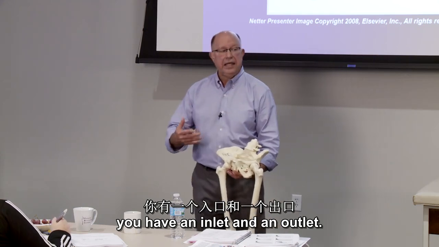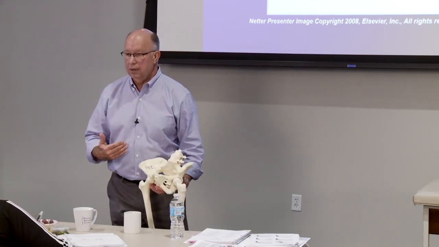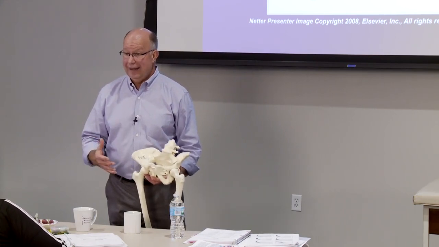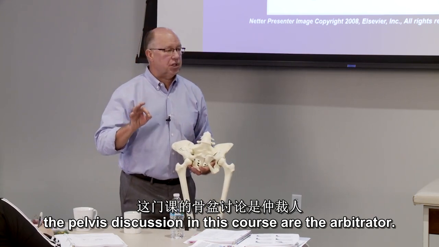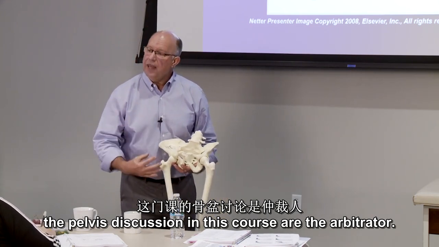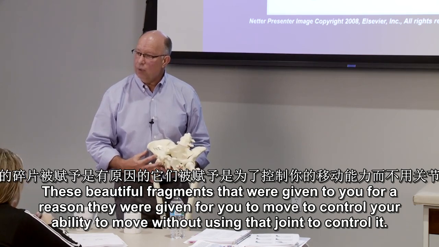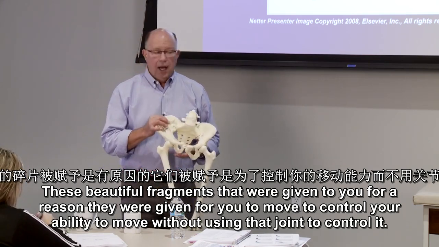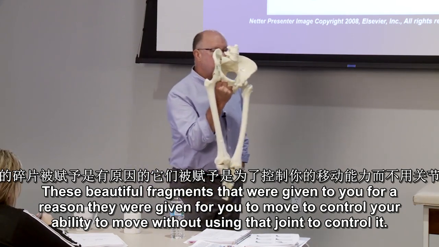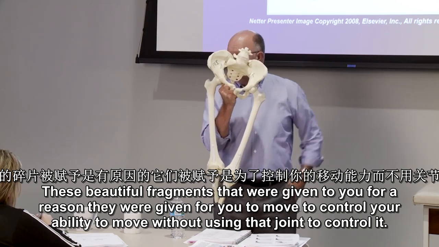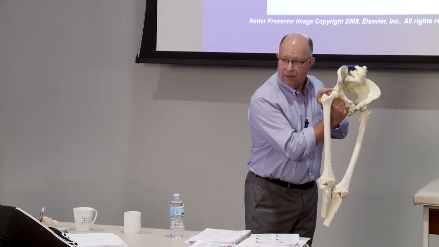You have an inlet and an outlet. You have a left one, a right one, a front one, and a back one. Whole other course. Okay? And you have these two obturators. The pelvis discussion in this course is about the obturator foramens. These beautiful foramens were given to you for a reason: for you to move, to control your ability to move without using that joint to control it.